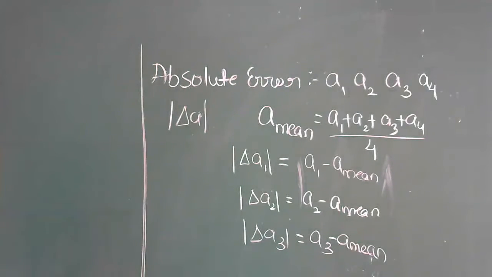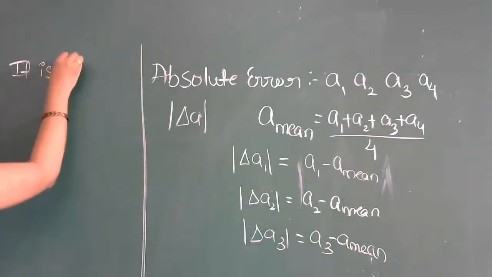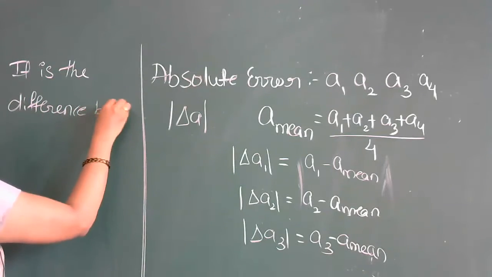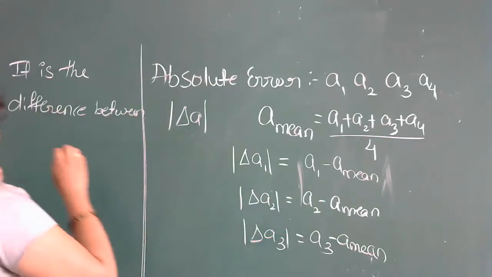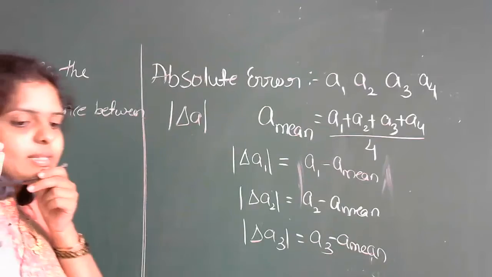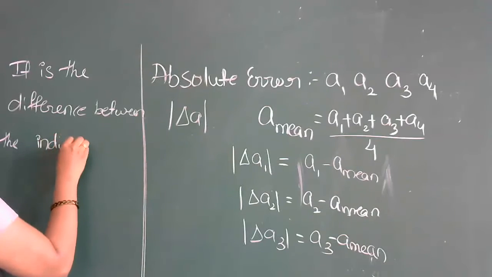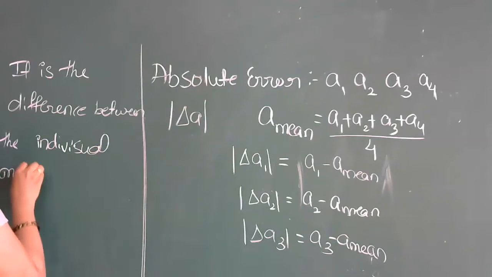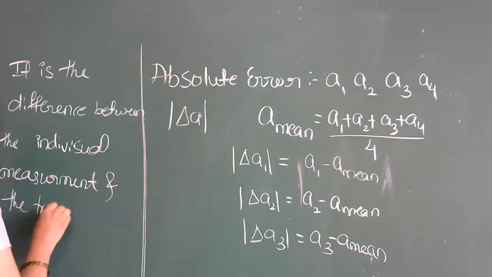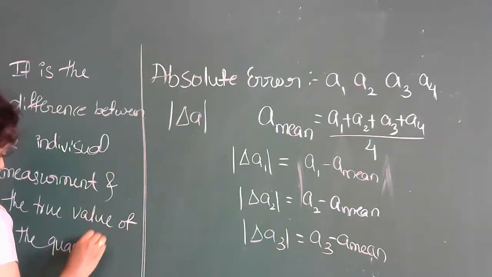This absolute error is defined as the difference between the measured value, the measurement value, or you can also say the individual measurement, and the true value of the quantity.